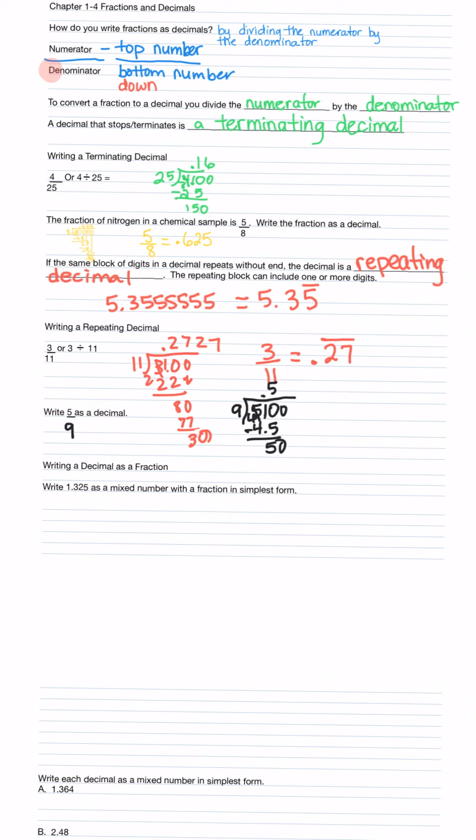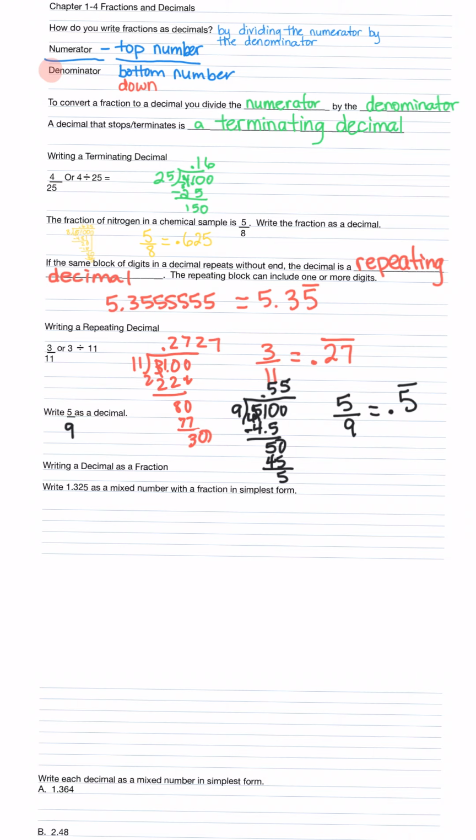Subtract, 5, 0. Oops, look at what's going to happen here. 5 times 9 equals 45. Okay, repeat. So 5/9 is going to equal 0.5 with a line over it. 5, 5, 5, 5, 5, 5, 5.